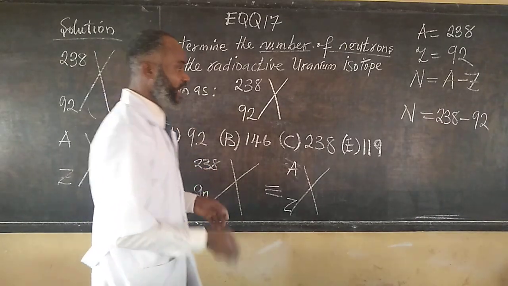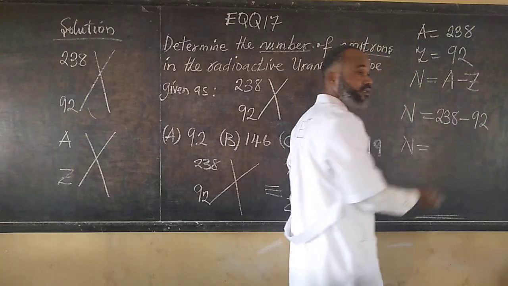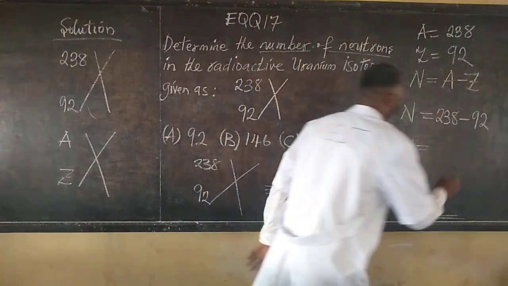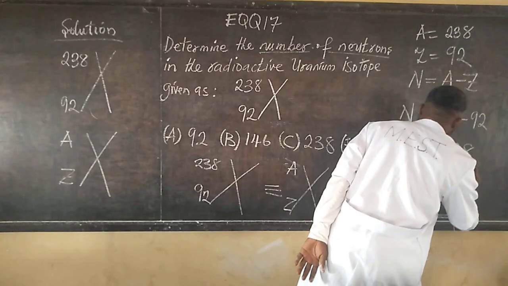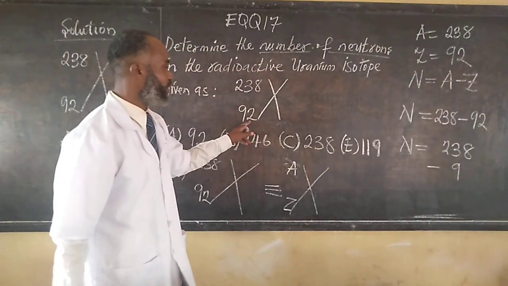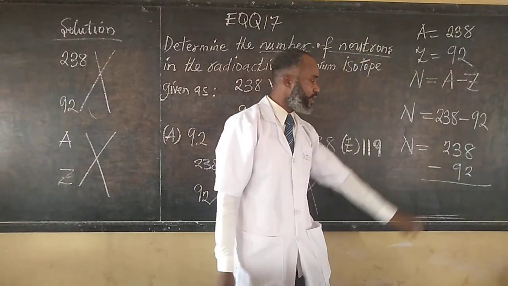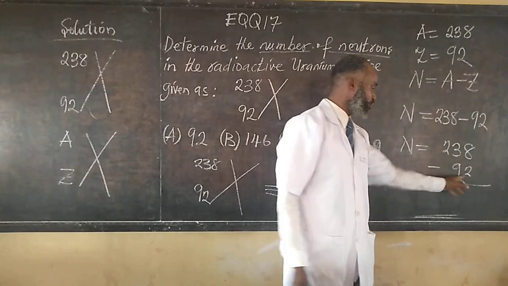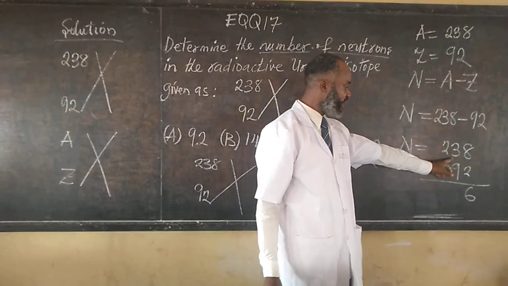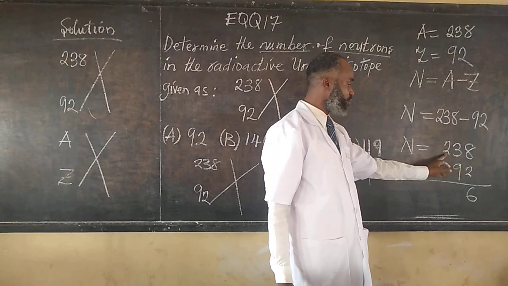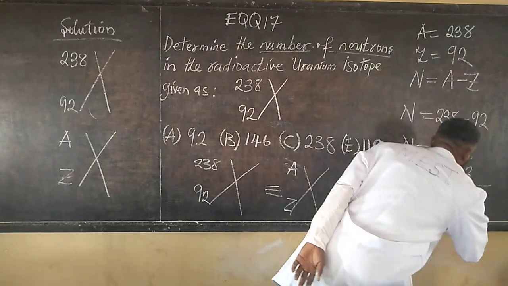Interesting, isn't it? And finally, we do simple subtraction, simple arithmetic here. 238 minus 92. 8 minus 2 is 6. Then 3 minus 9: we borrow 1 from 2, it becomes 13, and 13 minus 9 is 4.